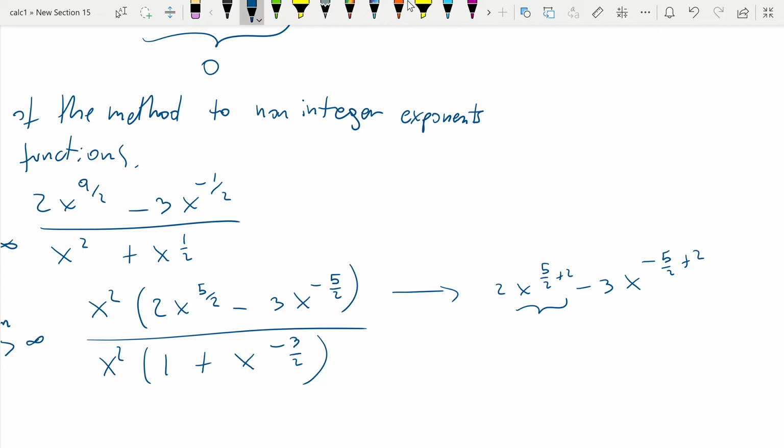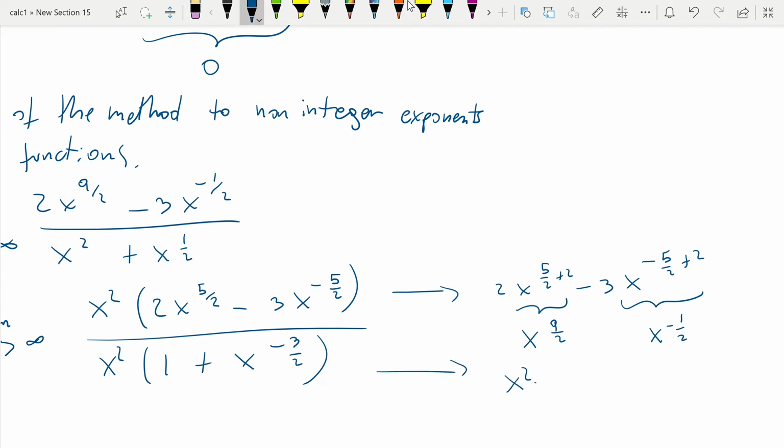And this thing here is x to the 9 over 2, and this other term here is x to the minus 1 over 2. We get 4 minus 5 over 2, which is x to the minus 1 over 2. We can see the same thing with the denominator.